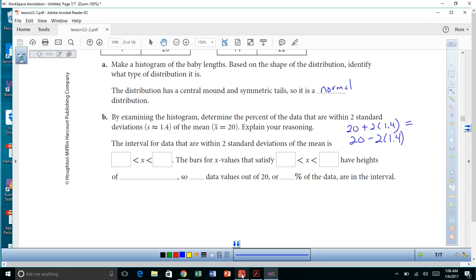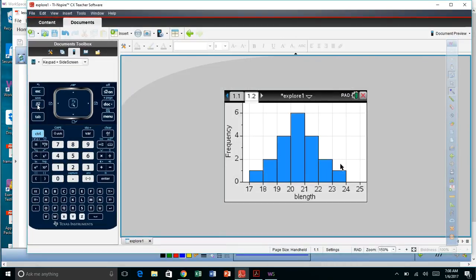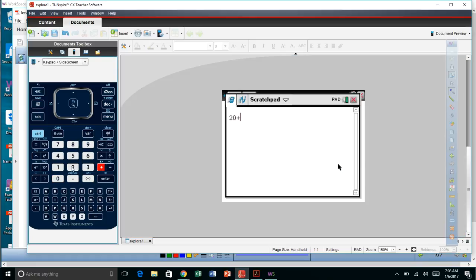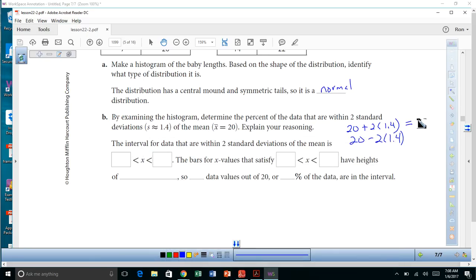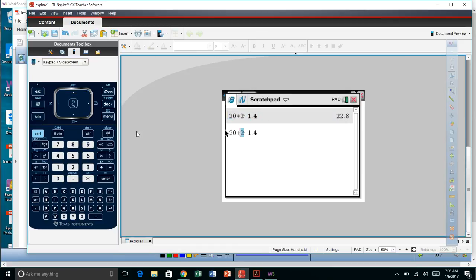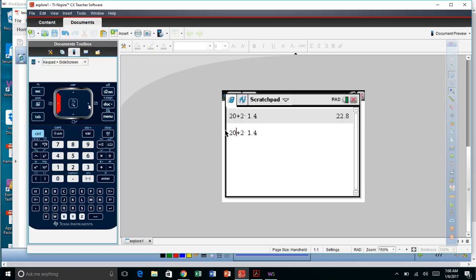All right, so let's get 20 plus 2 times 1.4. That's 22.8. And minus, let's go up there. 17.2.